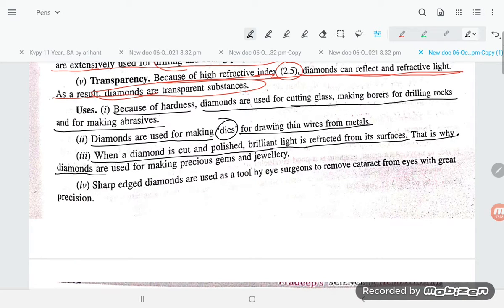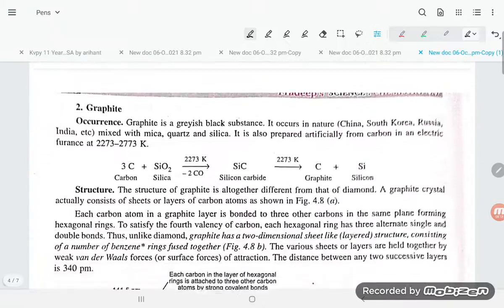This is why diamond is used for making precious gems and jewelry. Why? Because it has brilliant light. Sharp-edged diamonds are used as tools by eye surgeons to remove cataracts from the eye with great precision.